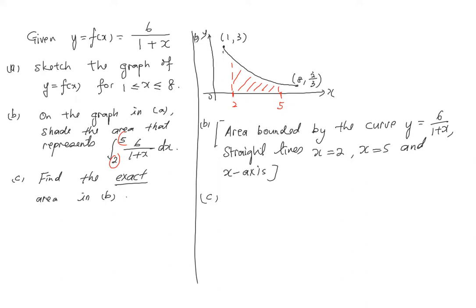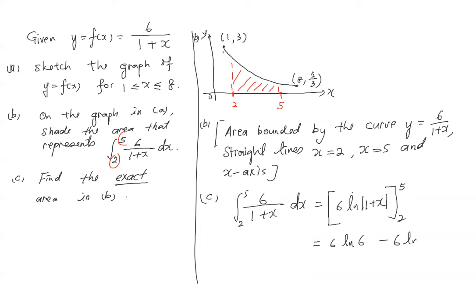This one you can use the rule because the bottom is linear. All right. So 2 to 5. You put the square bracket, 6 ln(1 plus x), close, 2 to 5. When we learn the fundamental theorem of calculus, correct? The top minus the bottom, am I right? So 6 ln 6 take away 6 ln 3.